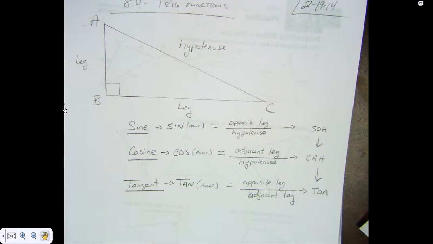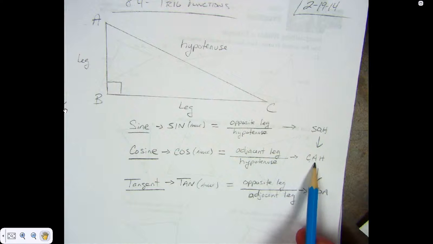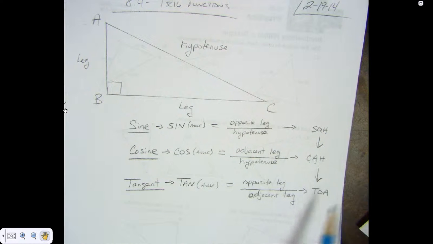Why do you think it's said like that? So, S is for opposite over what? Hypotenuse. CAH, cosine is adjacent over what? TOA, tangent is what? Opposite over what? Adjacent. It's a good thing to remember.